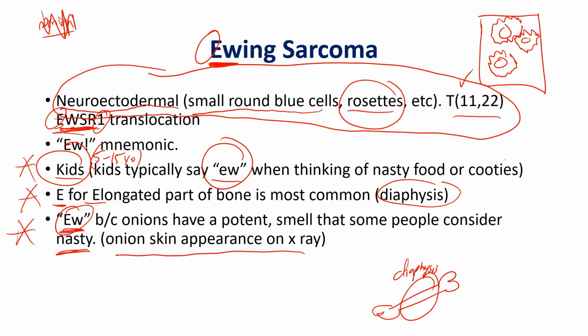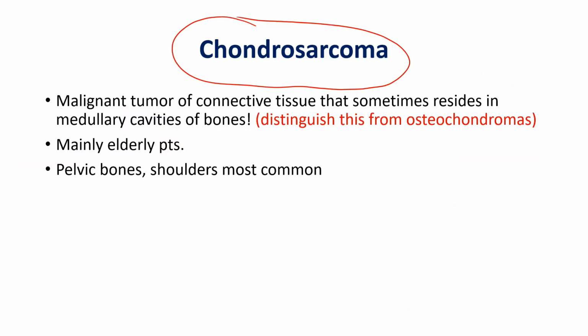It began at that location. And so in primary bone tumors, as far as who gets it, it's usually going to be children in most cases. But in the case of a chondrosarcoma, this is very unique because it's mainly elderly patients.